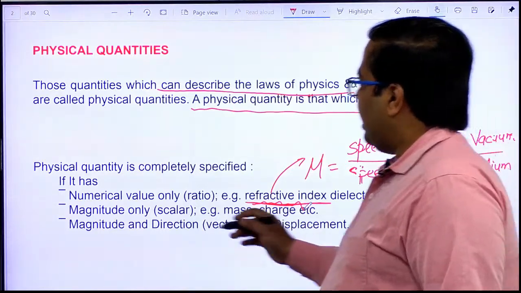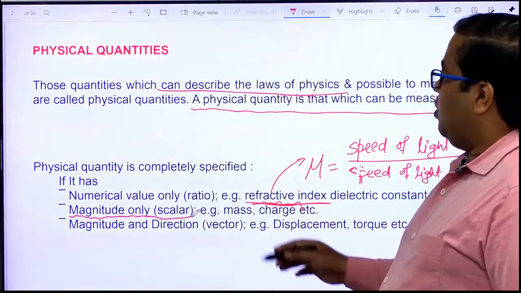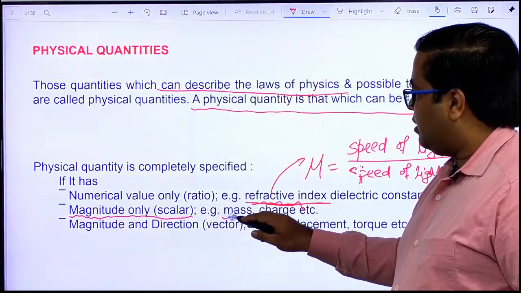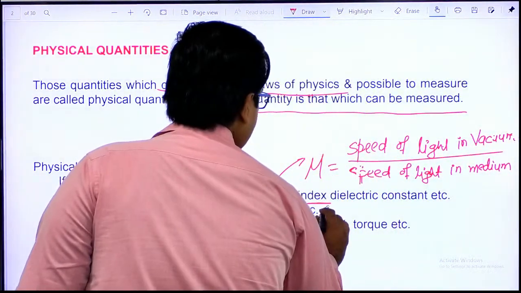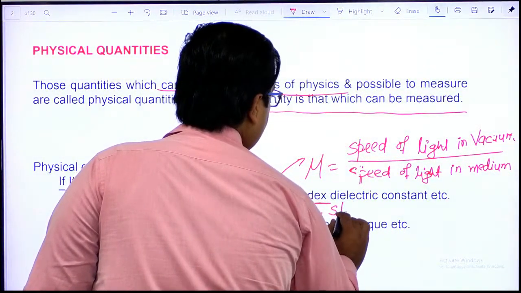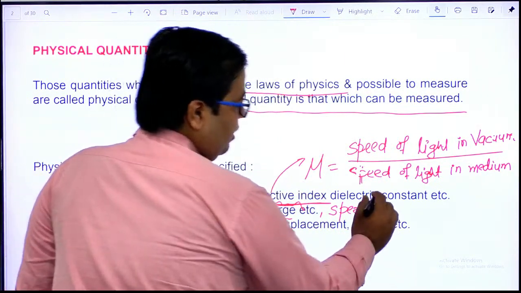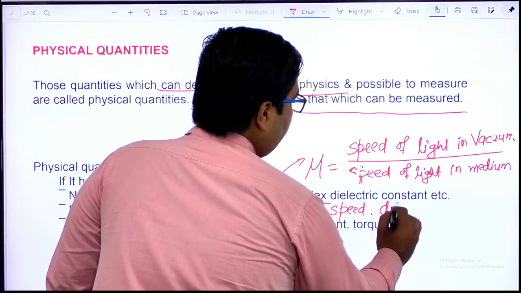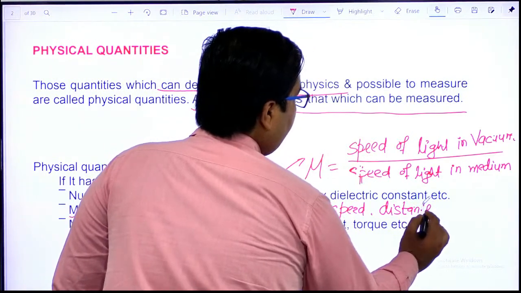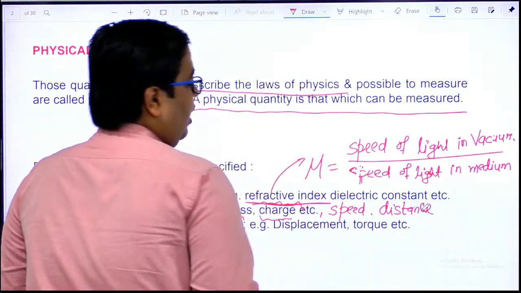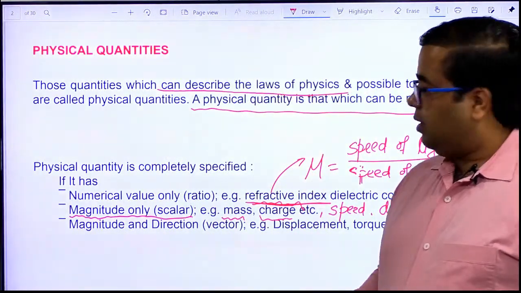Now the second one is magnitude only. We have covered this; we call it a scalar. Examples are mass, charge, speed, and distance. These are scalar quantities which have only magnitude, not direction.